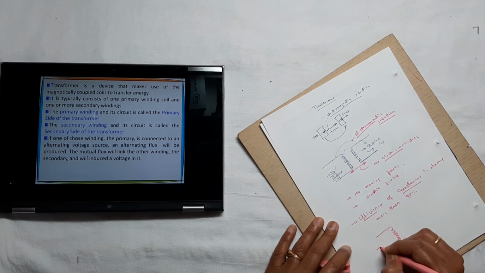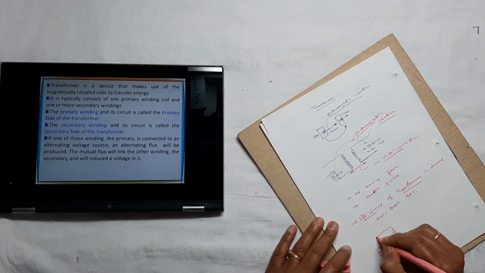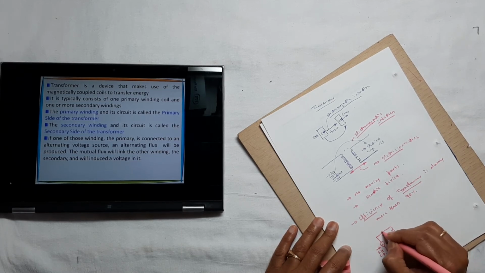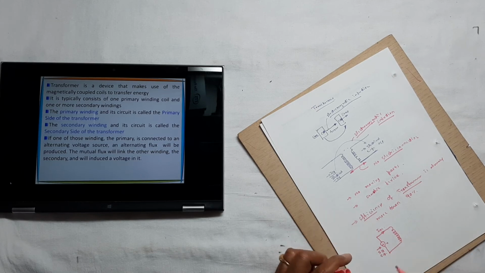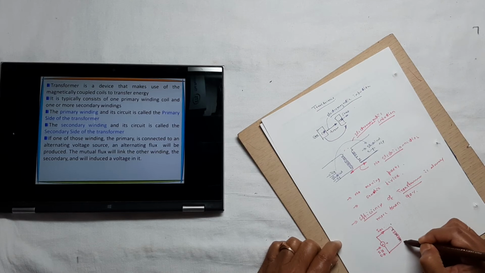I am inputting electrical energy, means you are applying an AC voltage here. Then what happens? An alternating current is flowing here. Whenever a current is flowing through the winding, it produces its own magnetic field.